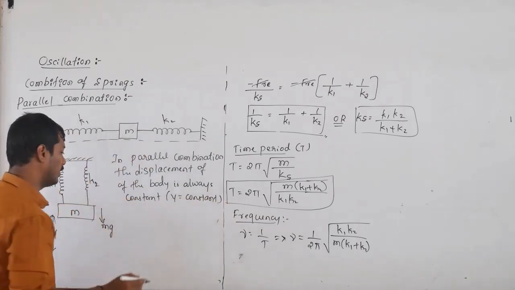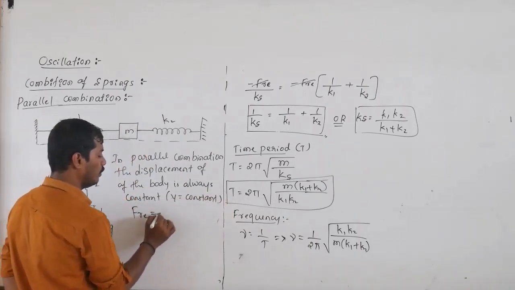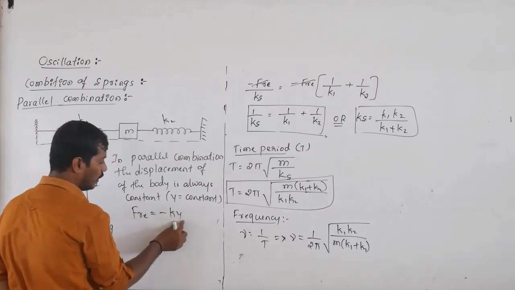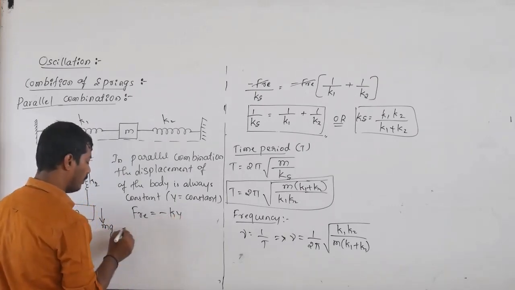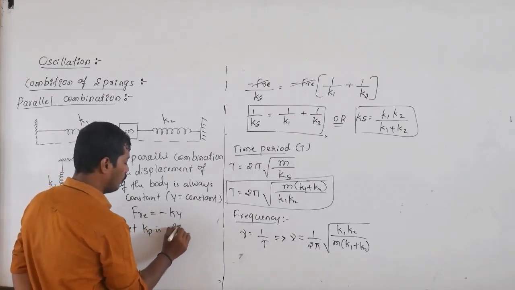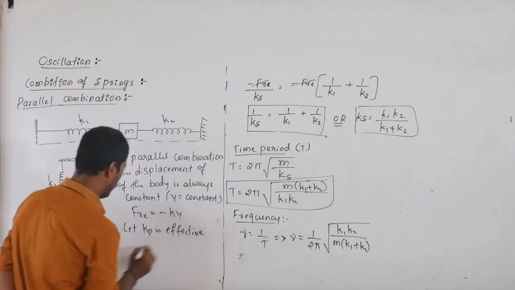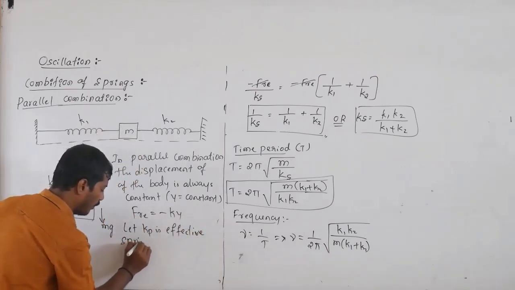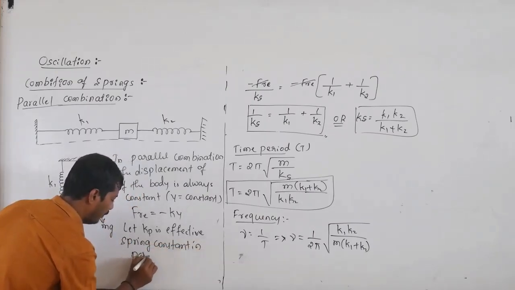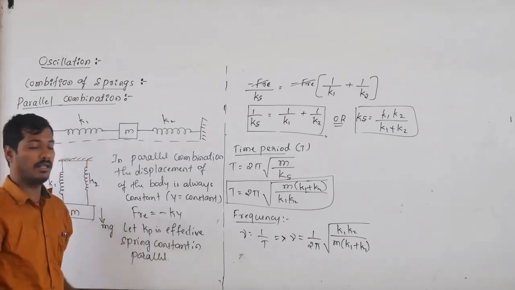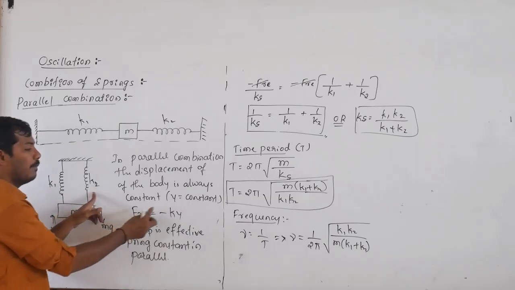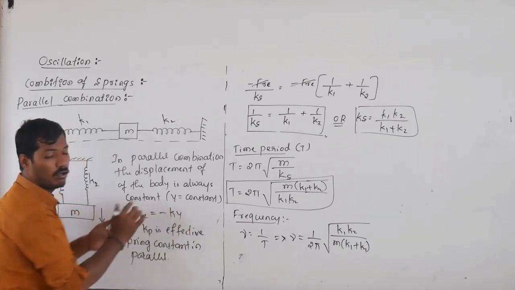We have one formula that restoring force is equal to minus k into y. Here y is constant. We want the value of k in parallel combination. Let Kp be the effective spring constant in parallel. The restoring force of each spring is different here, but the displacement of the spring is constant.